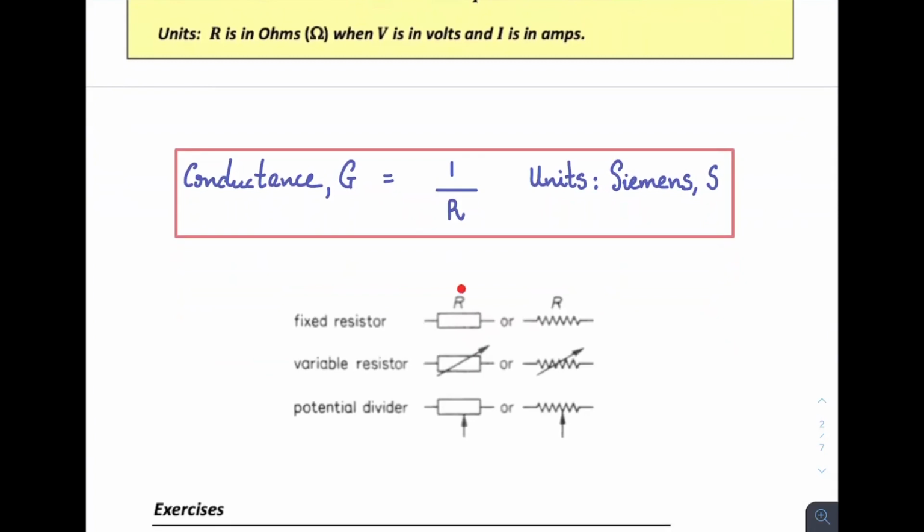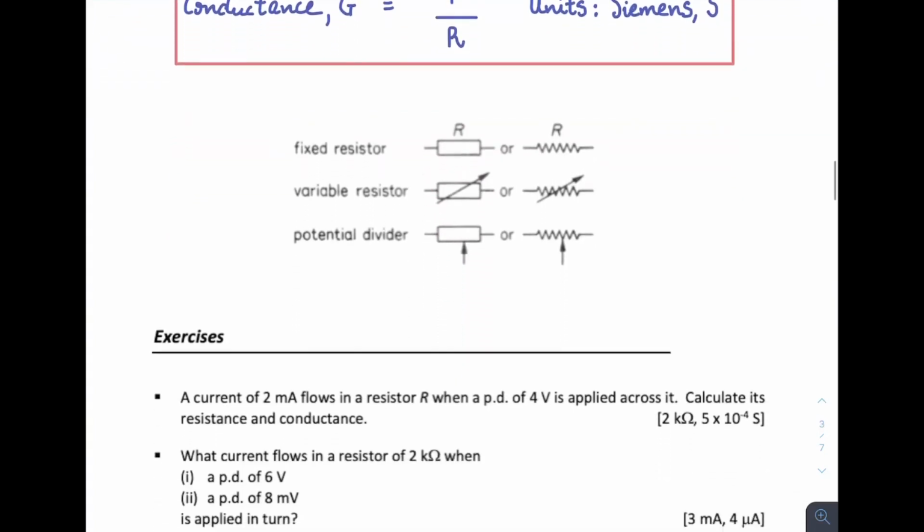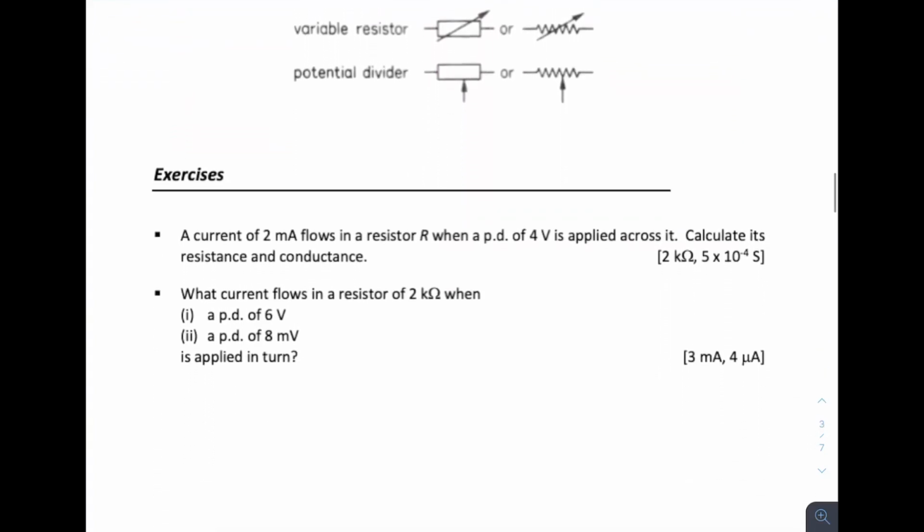We have the fixed resistor, a variable resistor, and the potential divider, which shall be dealt with very soon. And these are a couple of short questions just to get you started on circuits.